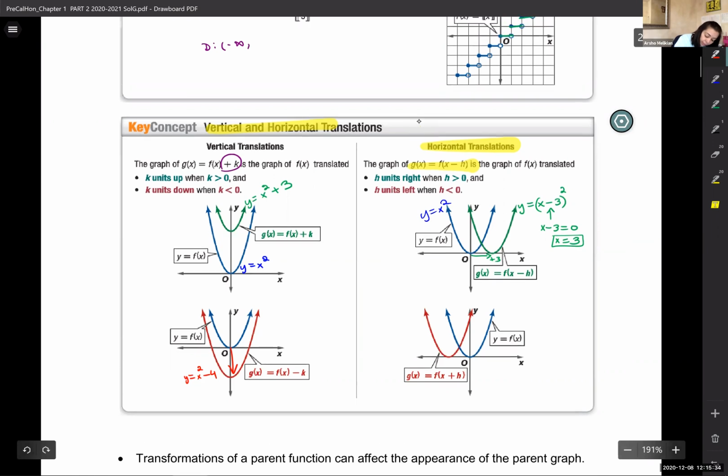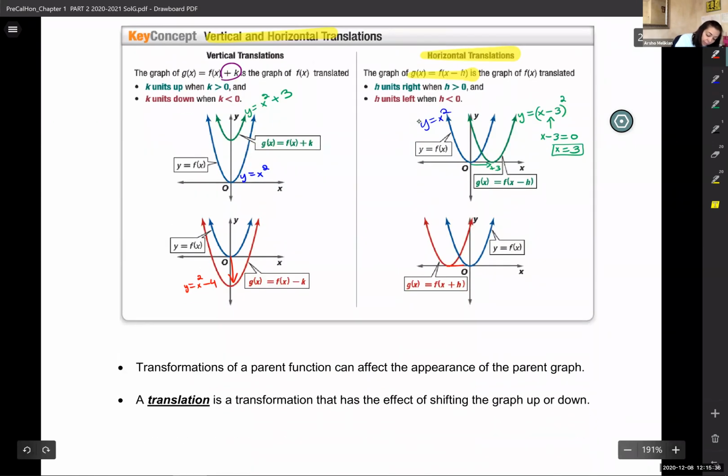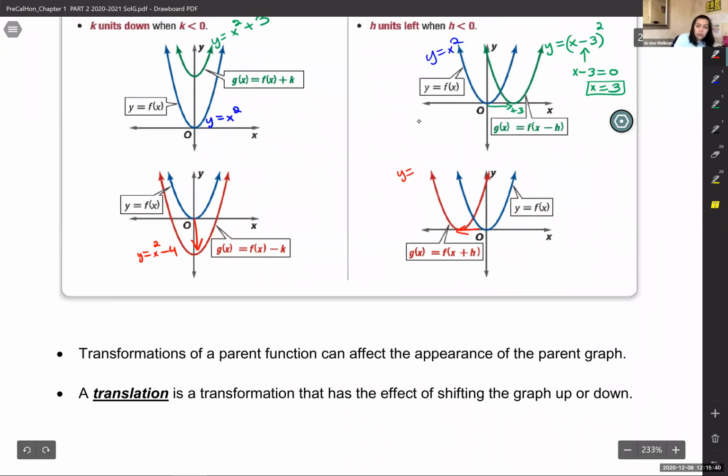So here, what would be a probable equation for that red one? Y equals what, would you say? Anybody want to guess? Paul? Would it be y equals (x plus 3) squared?